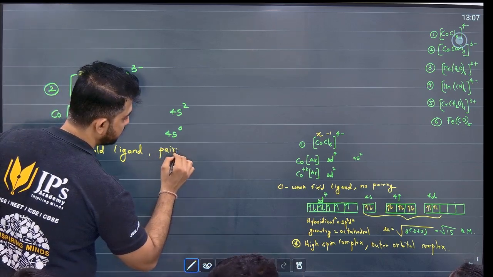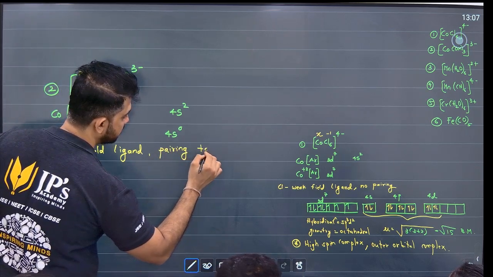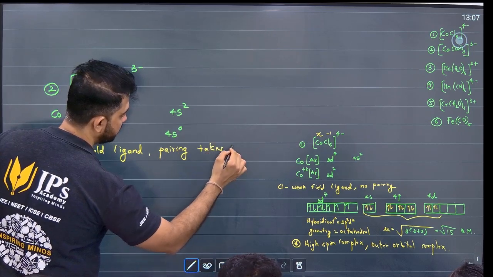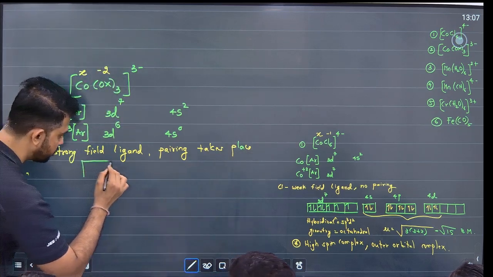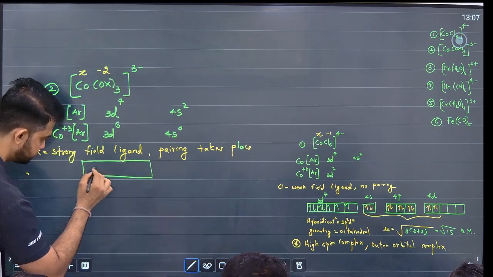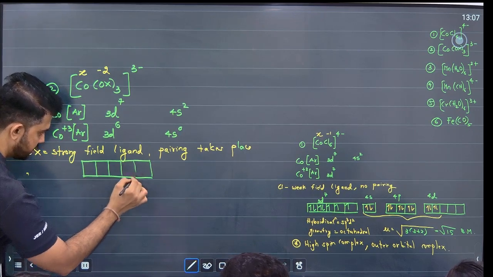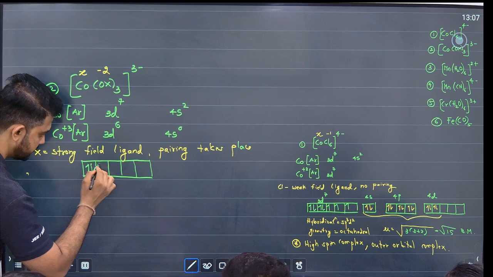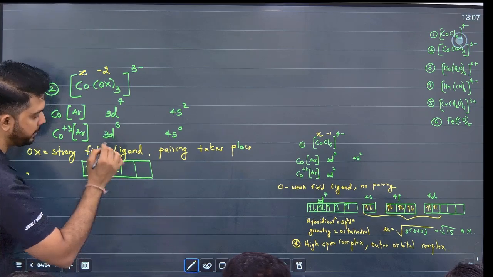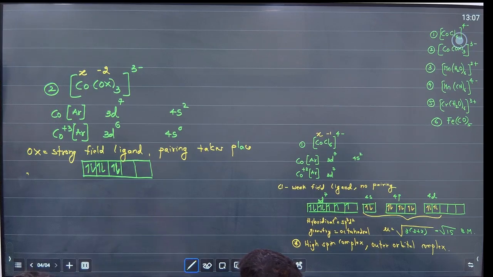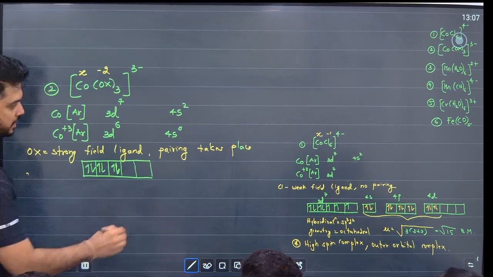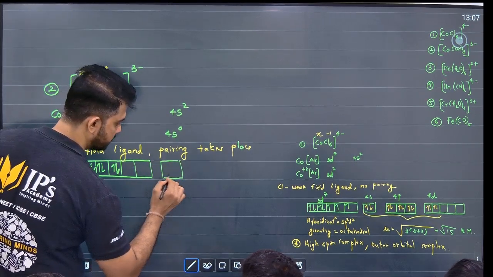Understood, people? Since pairing takes place, how will 3d6 look like? The 6 electrons will be paired against Hund's rule. Is it making sense? Yes or no? And now we have 4s and we have 4p.